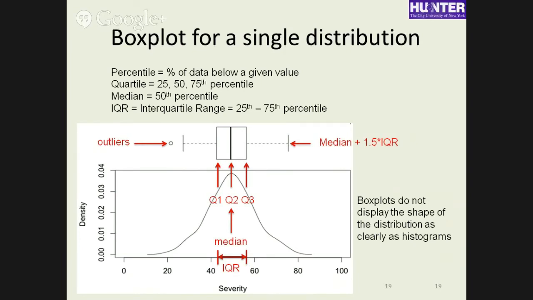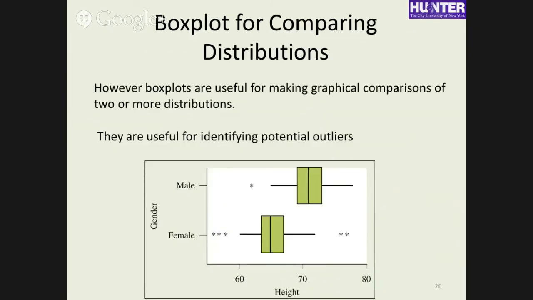They're very popular with statisticians because they allow you to stack up one distribution next to another and compare these important quantitative measures, numerical summaries of the data. Like this.